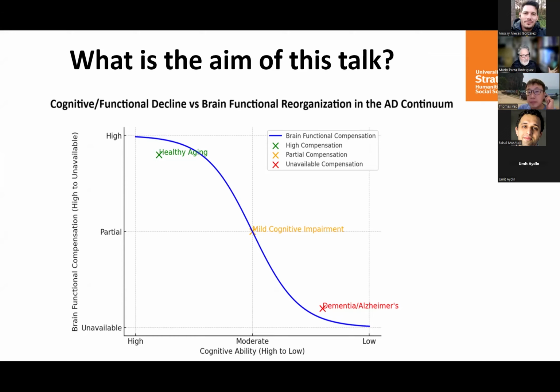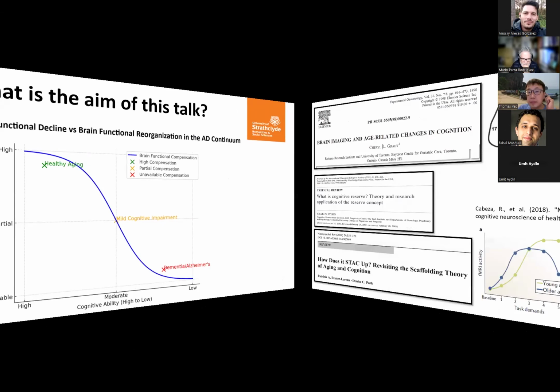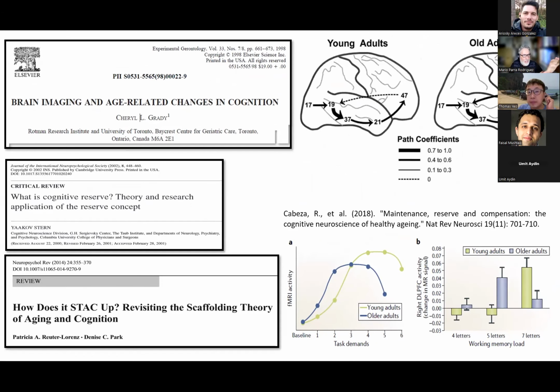So this diagram tries to illustrate this proposal, and I will share with you some data that we have been recording recently that seems to support this notion using EEG. So the idea, very, very briefly, there are a lot of studies in this slide, but this is just to highlight that knowledge has accumulated supporting this notion that with age, our brain reorganizes itself.